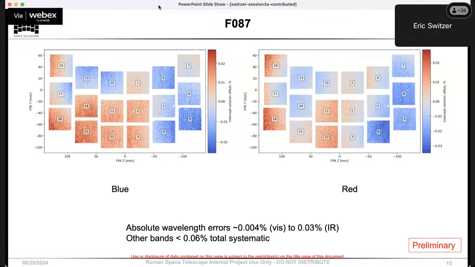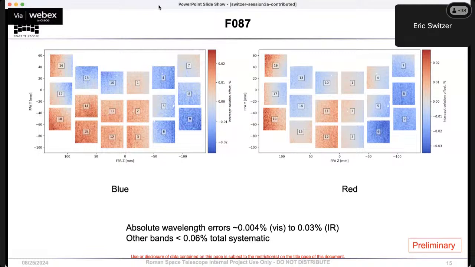And this slide shows the residual in the edge wavelength determination, again for F087. And this is bracketed by, the whole range here is from roughly plus or minus 0.03%. In addition to the model versus the data, there's also the absolute wavelength knowledge that ranges from 0.004% to 0.03%.